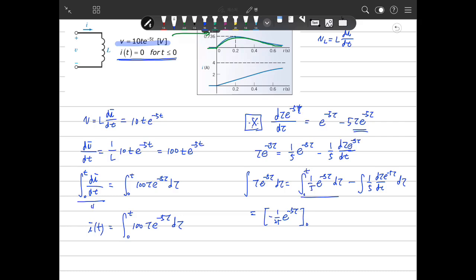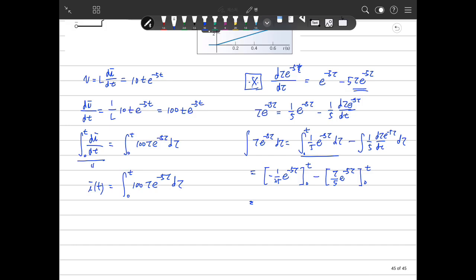Evaluated between 0 and t, with e^(-5τ). So how much is it?